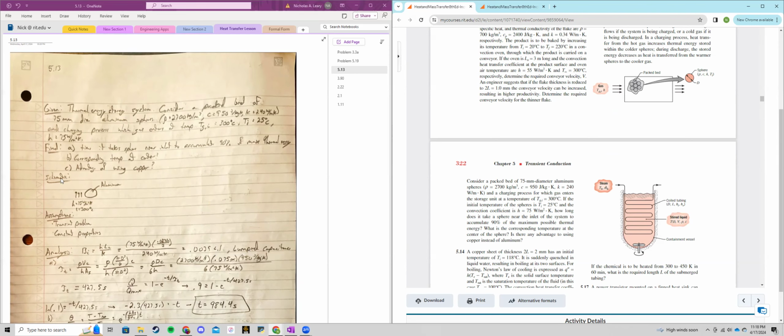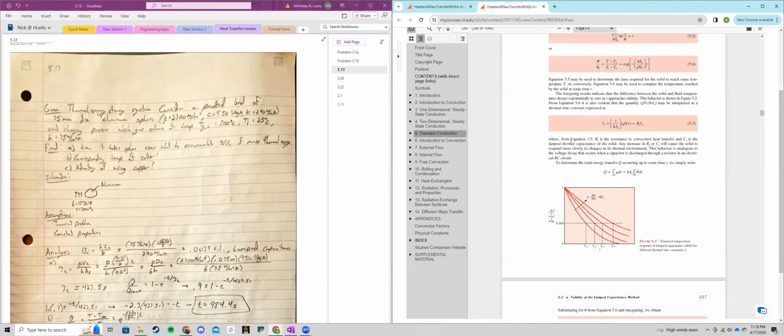So from here, we are going to start with the thermal time constant. We're going to solve for that. Here on the right, you could see the equation in the textbook. So here I wrote down tau is equal to density times the volume times c over h A_s.